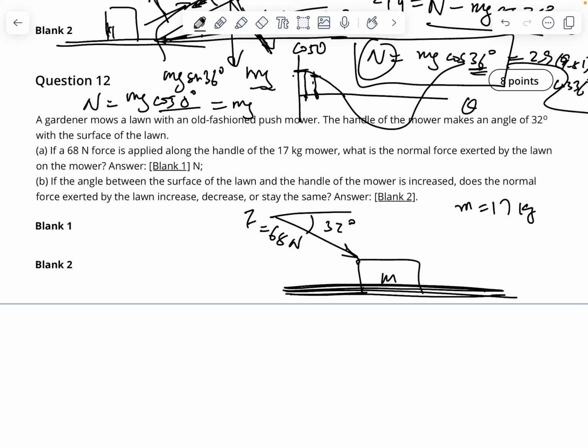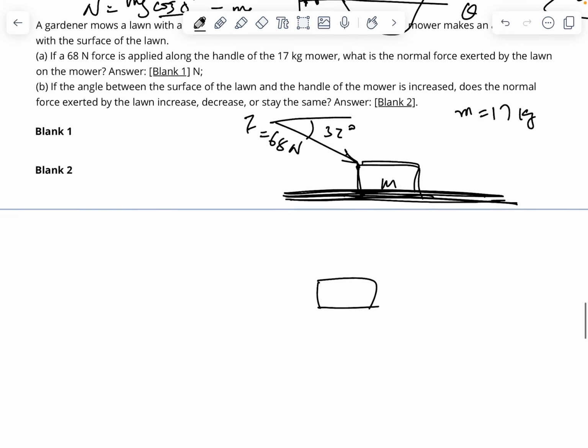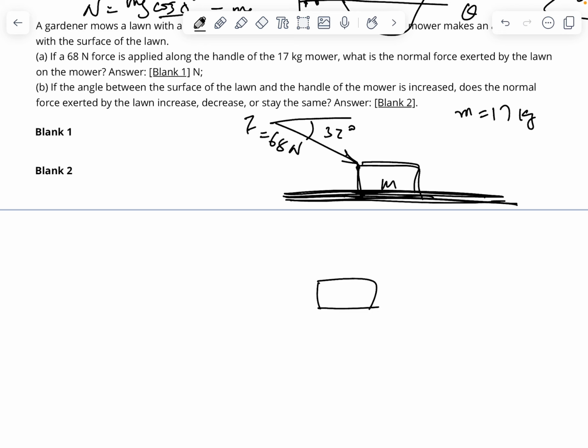If you look at the free body diagram on this mower, you have weight mg, normal force, and then you have the applied force.